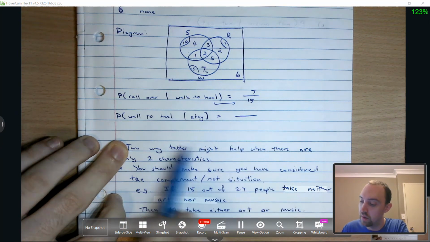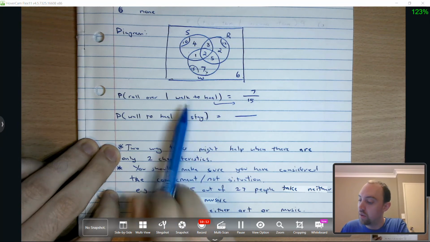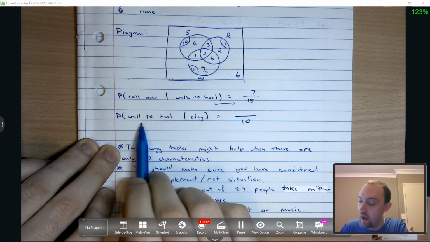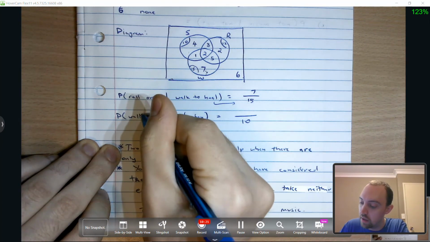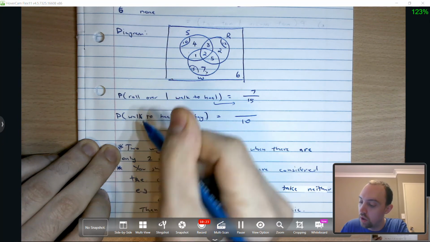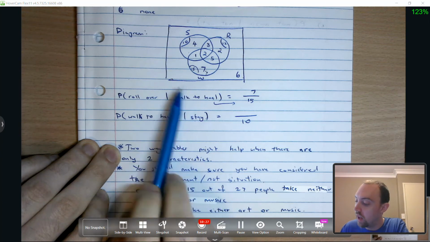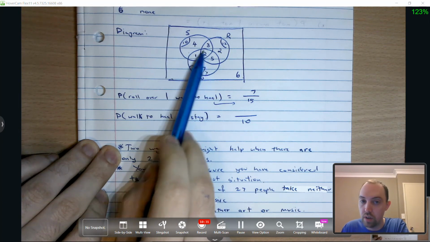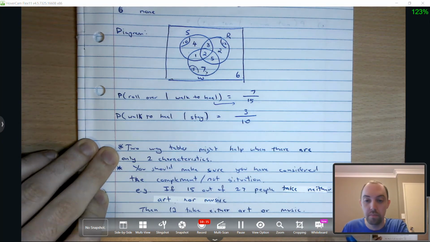It's that top part. How many of our dogs have learnt to stay? That's 10. How many of them have learnt to stay and walk to heel? That should be walk, not wall. Walk to heel and stay is these 3 up here. So 3 out of 10 can do that.